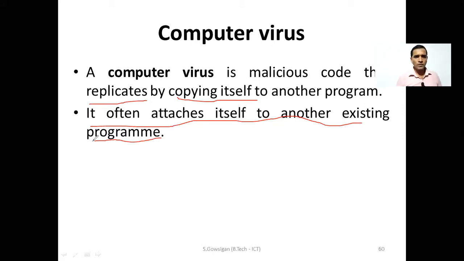There may be some differences, but I'm taking them as similar. So if you remember these 2 points for virus, it may be easy to remember them for the other 2, worms and Trojan horse, right? So remember these 2 points: it doesn't stay alone, it needs other programs, and it also has the ability to replicate. Okay, this is virus.